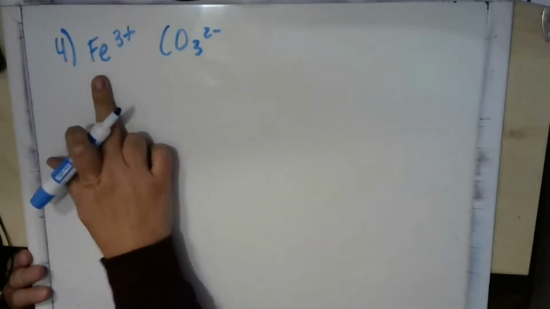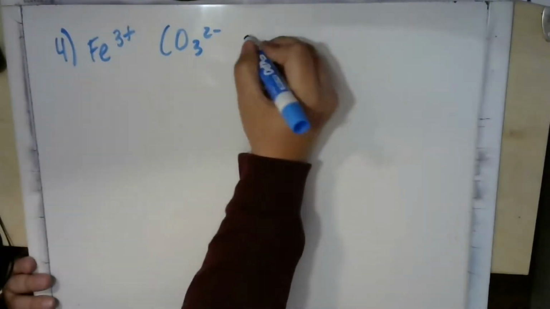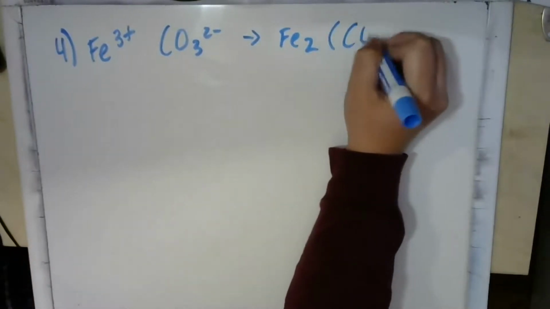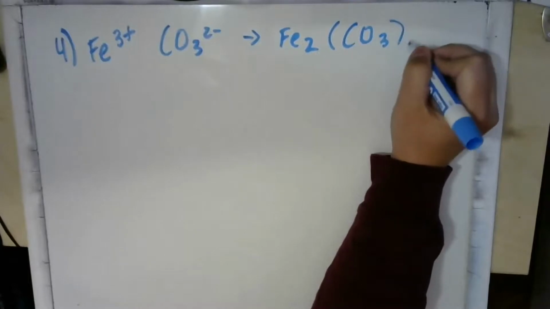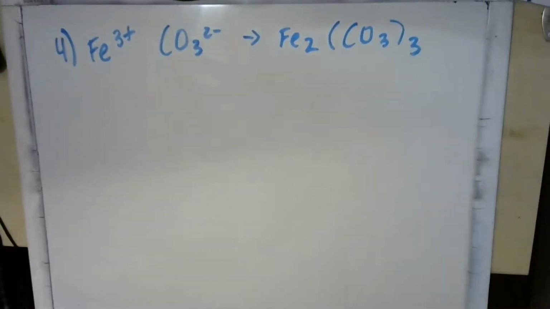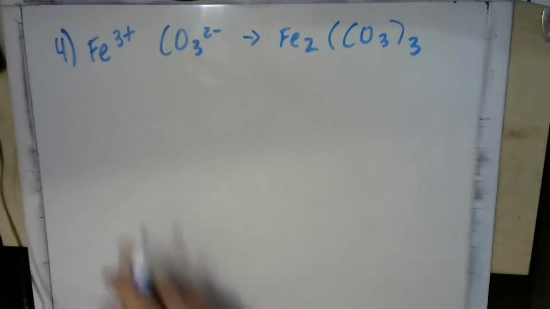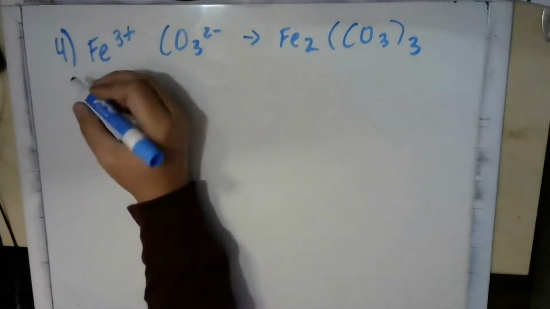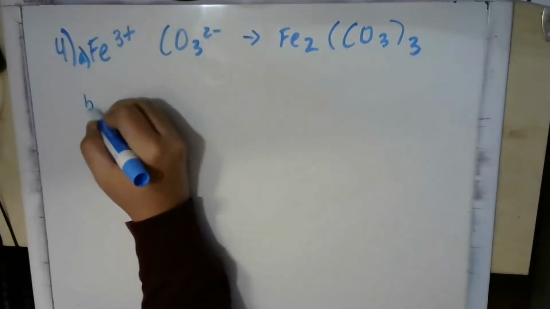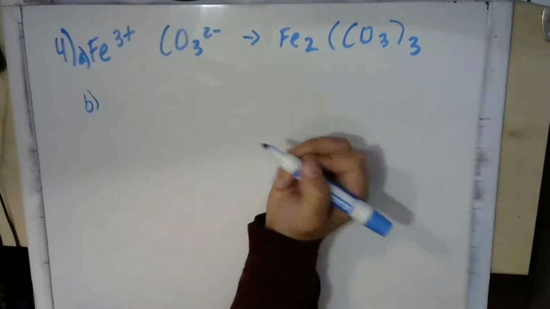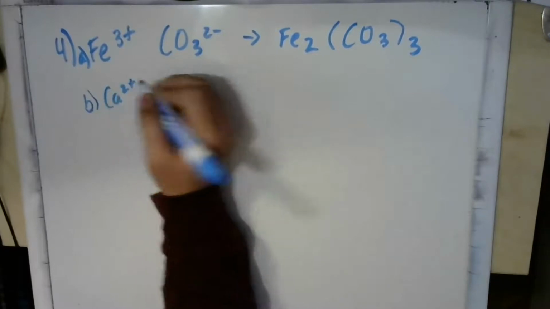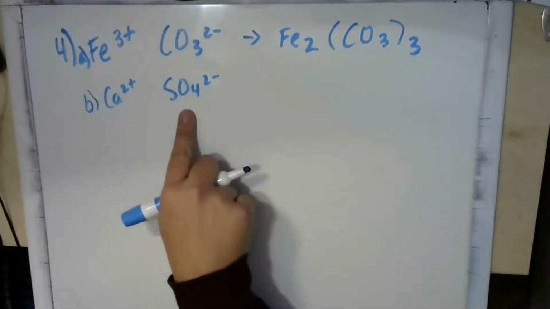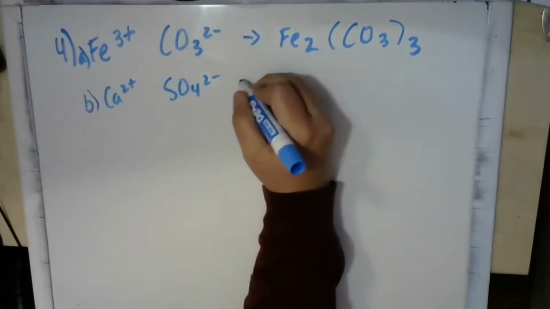That means I'm going to need 2 irons and 3 carbonates, and then I'll have an electrically neutral compound. Calcium sulfate. Calcium is 2+, sulfate is 2-. These will combine in a 1-to-1 ratio.